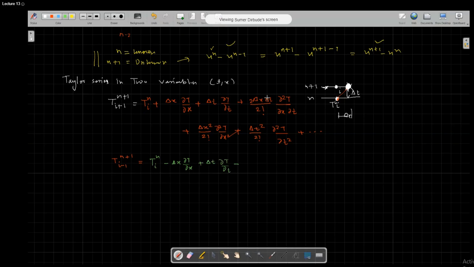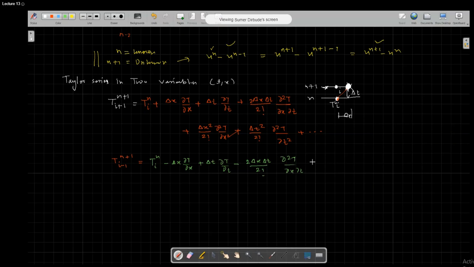Now here one of the terms, delta x, is negative, so negative multiplied by positive is negative, so twice delta x delta t by 2 factorial will become negative, but still I am writing twice delta x delta t by 2 factorial, del 2T by del x del t.